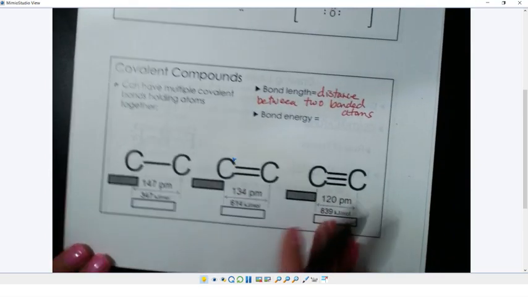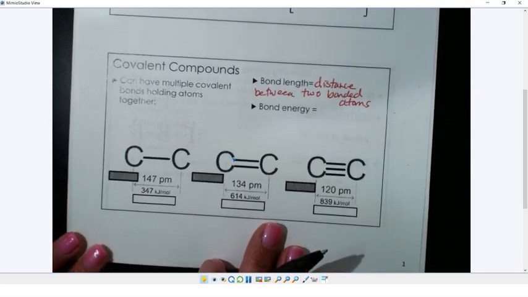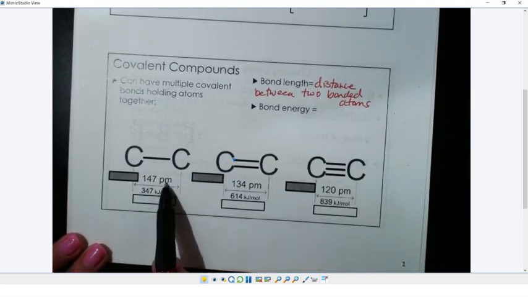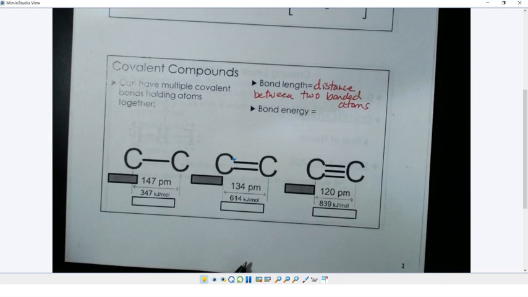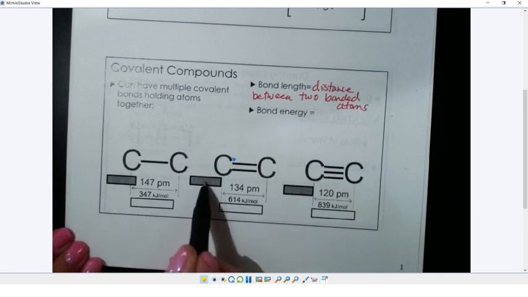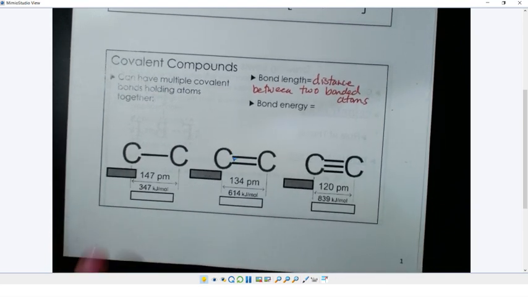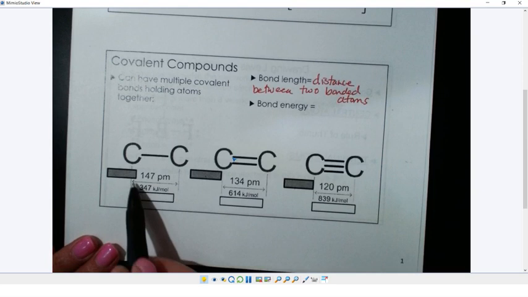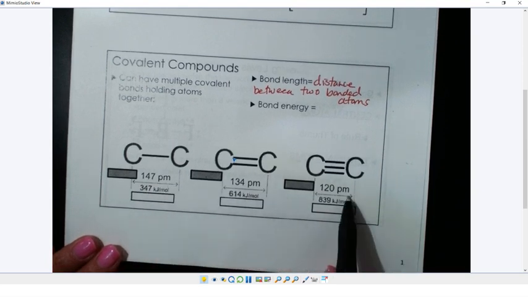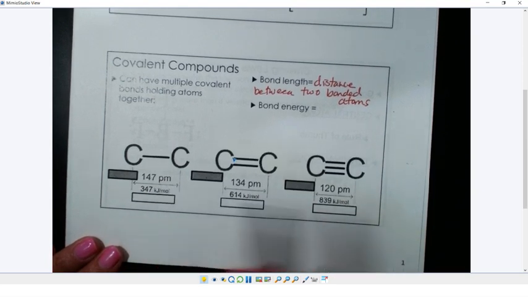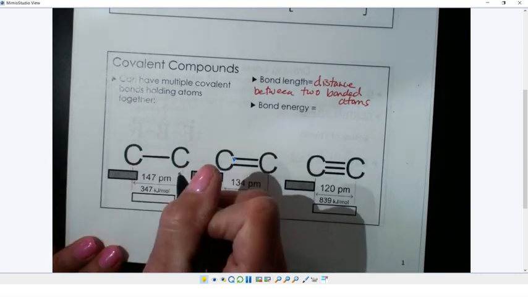So, looking at our pictures down here, this 147 picometers, the 134 picometers, and the 120 picometers, okay? Each of these right here, those are your bond lengths. Can you see, or do you need, if you can't see, you two can move to the front, if it's hard for you guys to see. Okay, so each of these distances, measured in picometers, those are going to be your bond length.